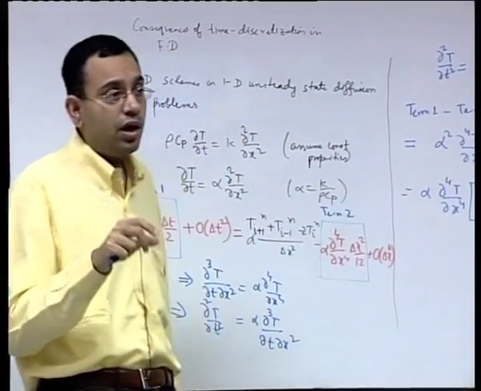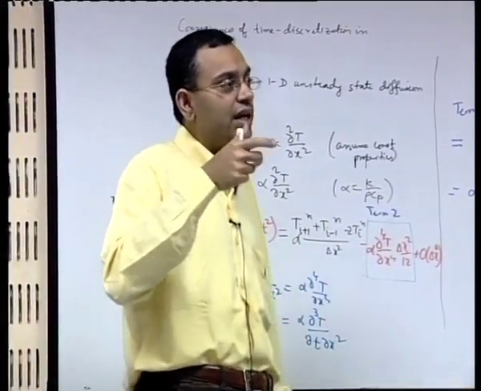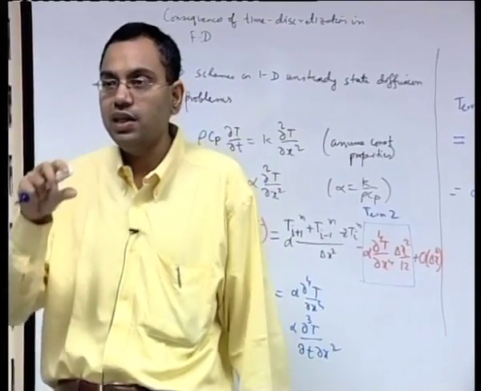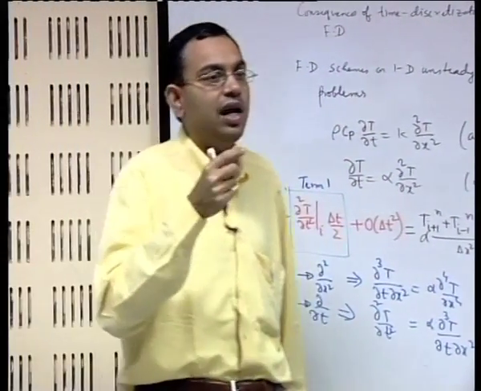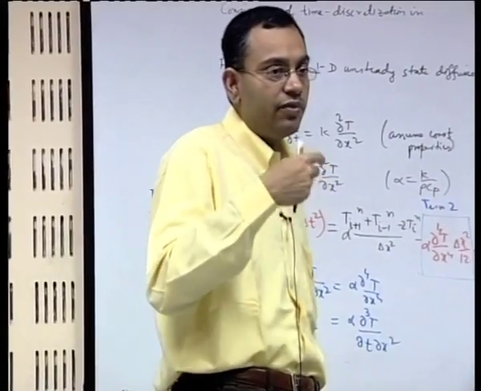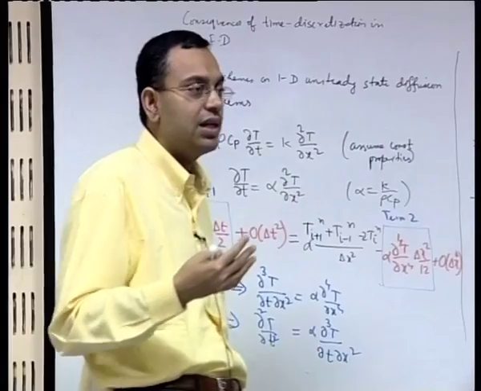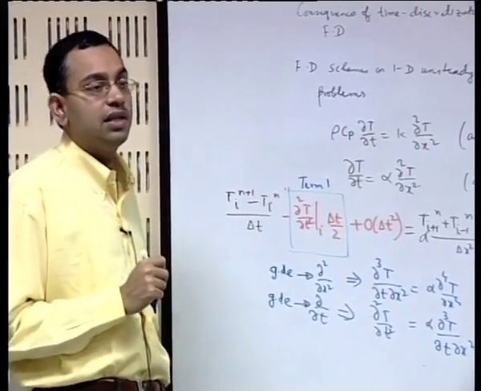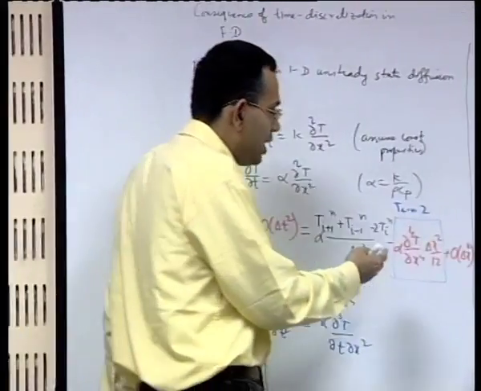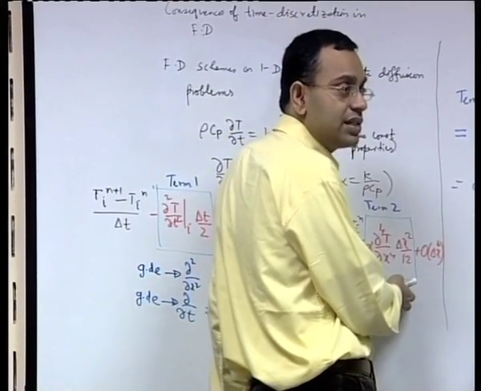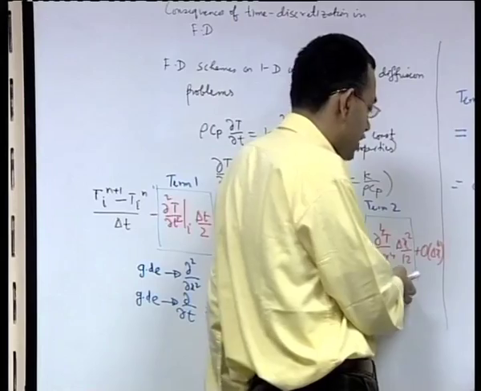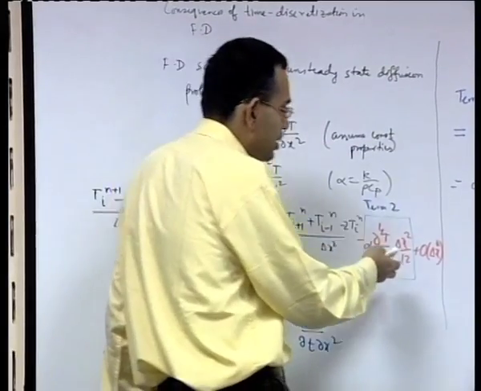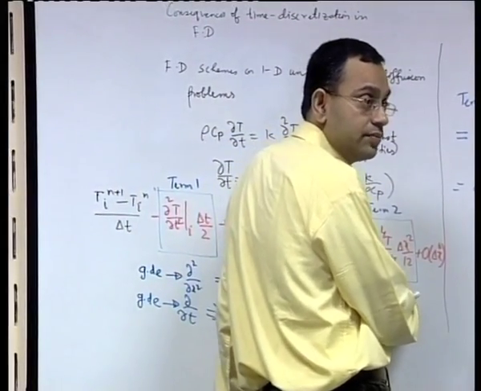But there are certain schemes which attempt to temper the expressions that you get from the Taylor series expansion in an effort to achieve something more special, and in that way they can create problems with respect to consistency. But here it is simply an outcome of the Taylor series based expansion of the derivative terms, and therefore it is true that it is a consistent scheme.